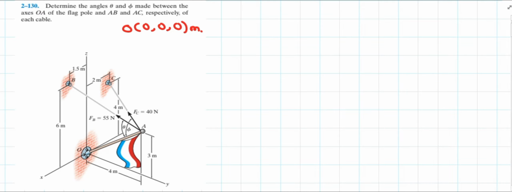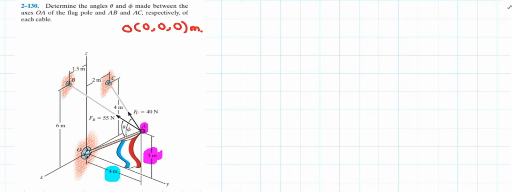Now, what about the point A? This 4 meter distance is considered to be the y value of point A, and it is the positive y value because this 4 meter distance is indicated on the right hand side. Similarly, this 3 meter distance is considered to be the z value of point A, and it is positive because it is indicated vertically upward.